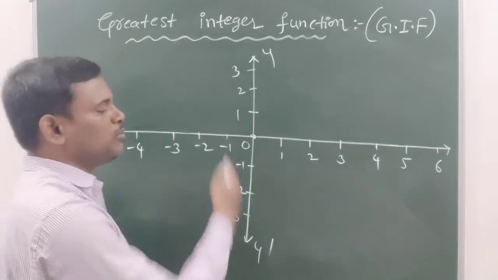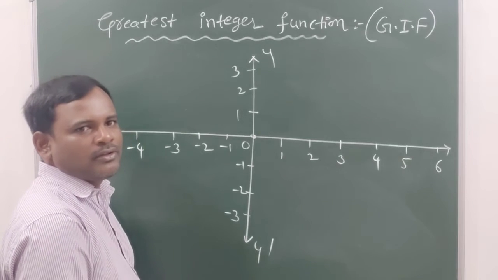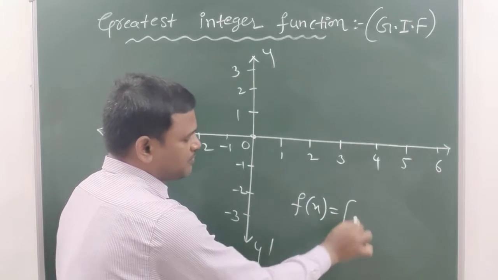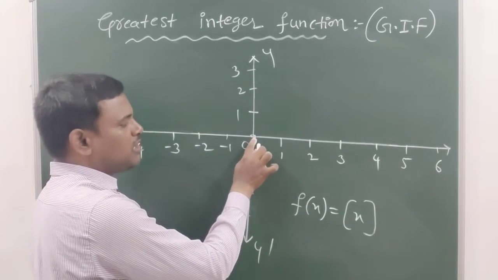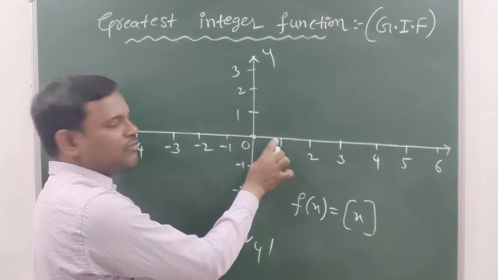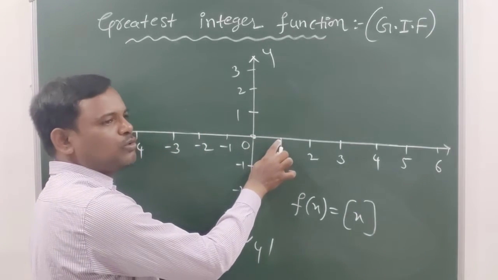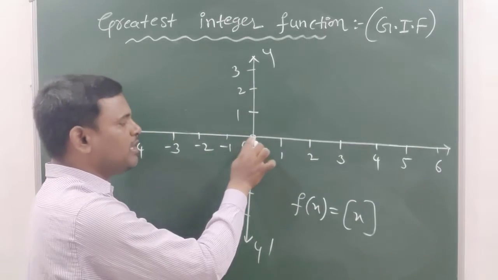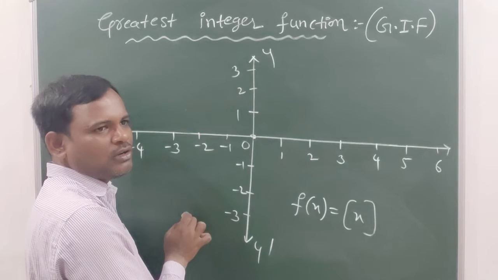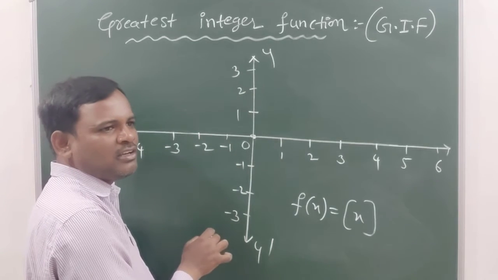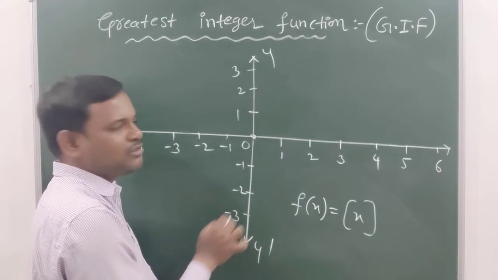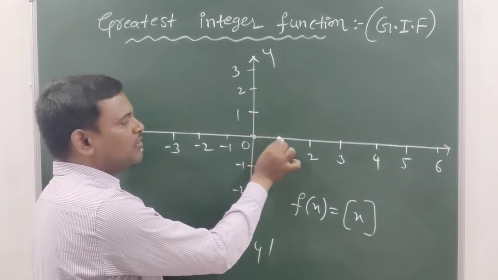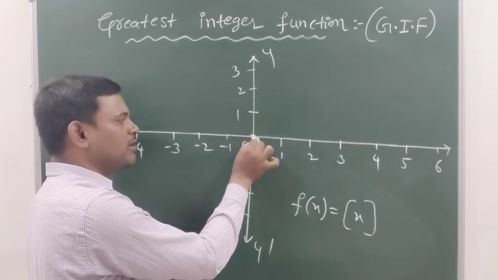Now come to its graph. You know the definition, f of x equal to step x. So you start from here, from 0 to 1. Between 0 and 1 there are infinitely many real numbers. If you take any real number from 0 to 1, your range will be 0 only. So from here to here, the range of all these elements is 0 only.